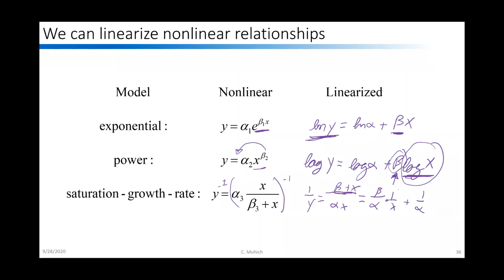Right? And so now I have this term 1 over x with a single variable in front and a single grouping of constants over here. So I have another linearized rate.